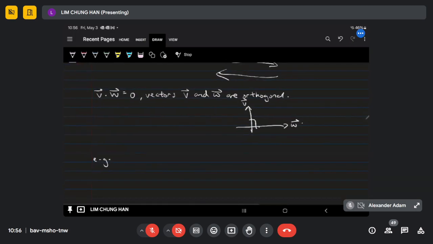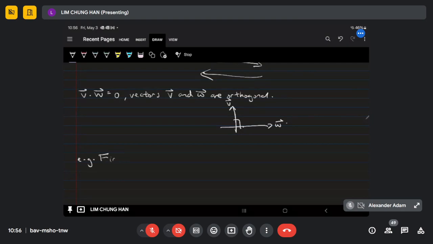So let's do an example. Find the angle between vector V and vector W. Okay.